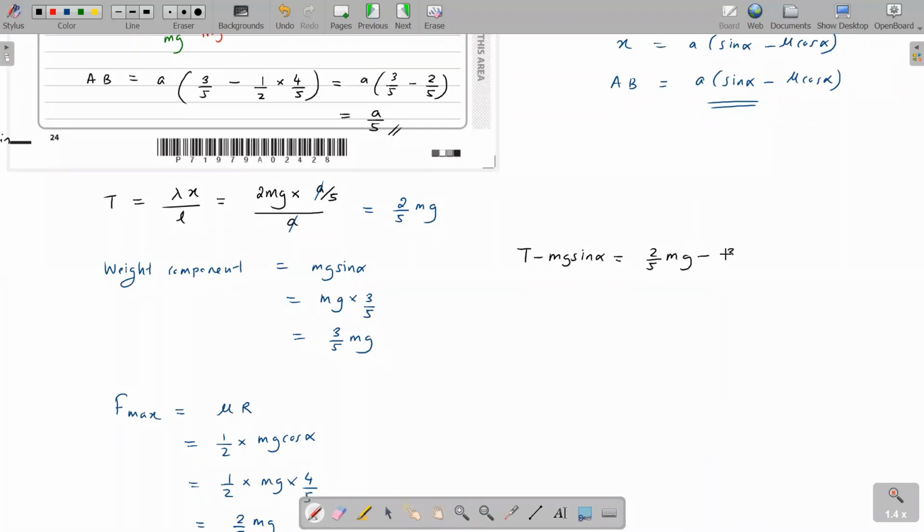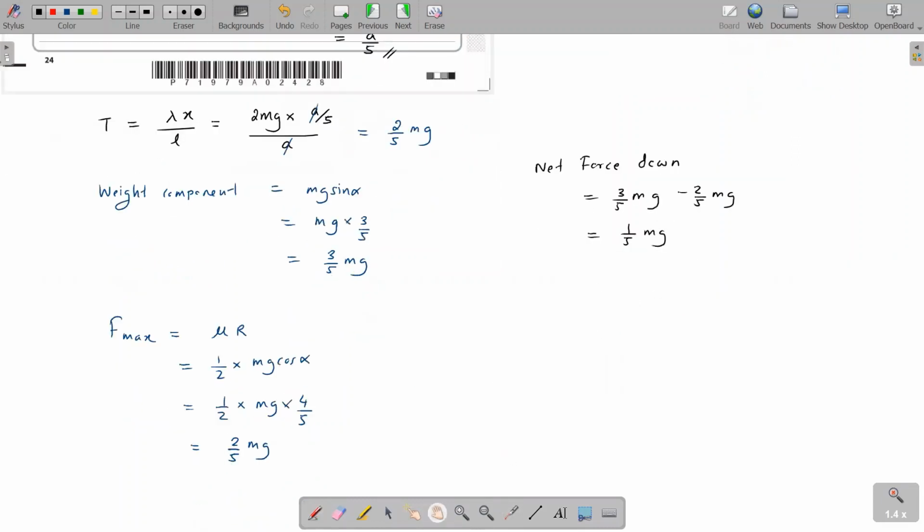Weight component was 3/5 mg, right? Or instead of doing that, let's take it the other way. Net force down along the plane is 3/5 mg minus 2/5 mg. How much is it? 1/5 mg. So you have this much of force acting down.